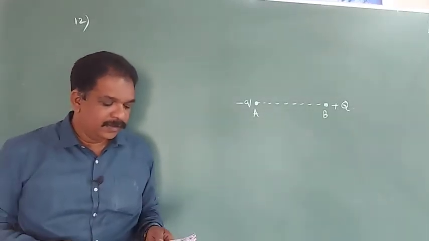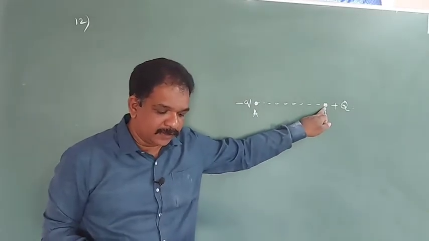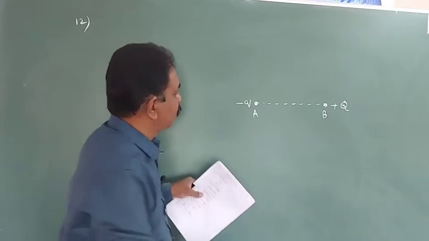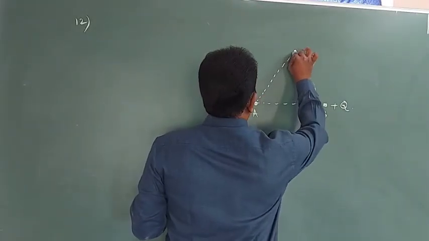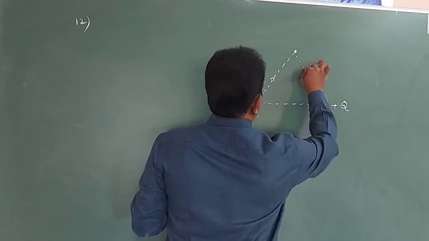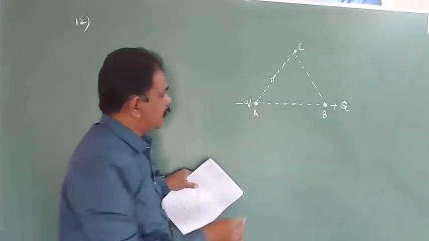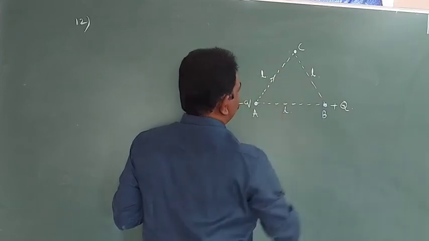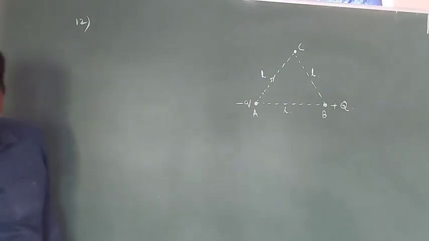Keeping this charge fixed, this charge is moved from A to C. It is moved from here to here such that ABC forms an equilateral triangle of side L. What is the work done in moving the charge minus Q?